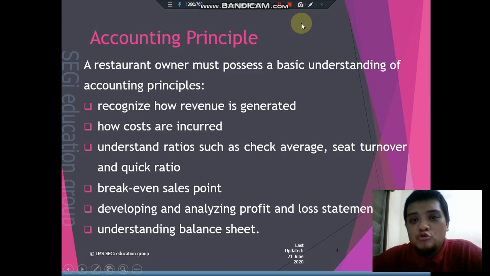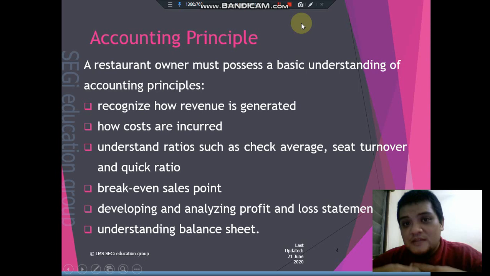So you might want to know the average check or average spending of your customers. If the average spending is higher, you are likely to have more sales. Next is seat turnover. Seat turnover simply means how many times your seat is replaced. Turnover means replace. Guys, the more times one seat is replaced with customers, the more customers you have in your restaurant. More likely, when you have more customers, you will have more sales.